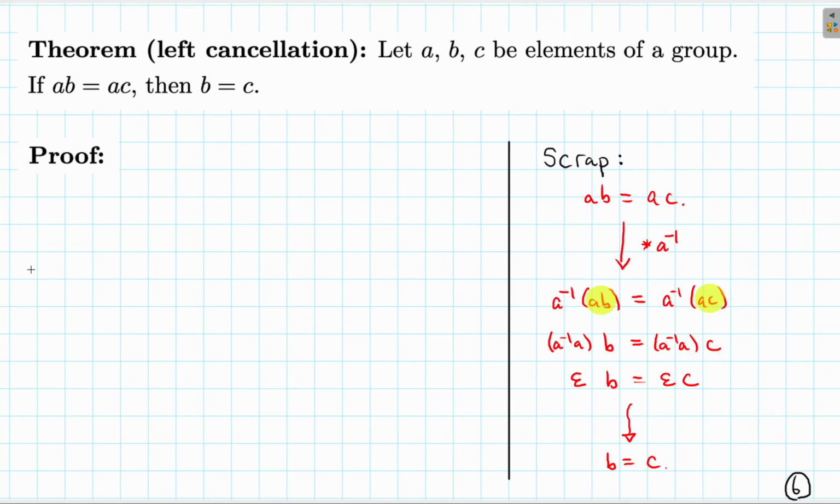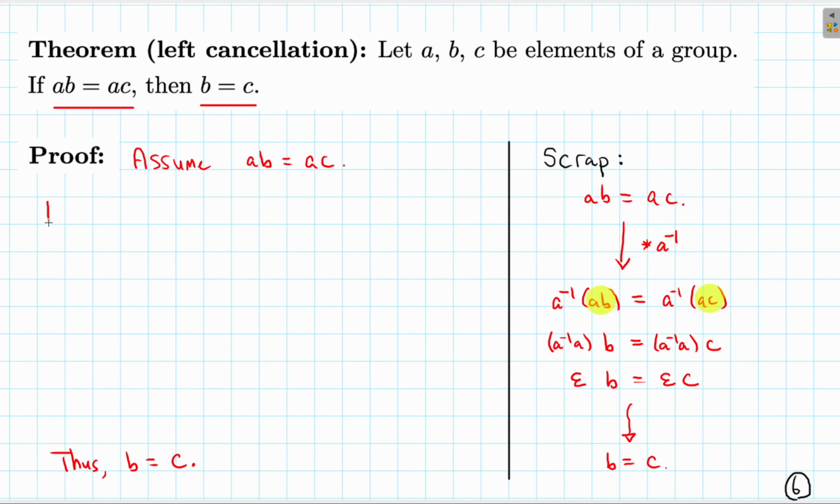And so as usual, I would underline the hypothesis and the conclusion. That gives us the very first and last lines of the proof. And so we'll assume AB equals AC, and then at the bottom, thus B equals C. And so let's proceed as we did in the scrap work.